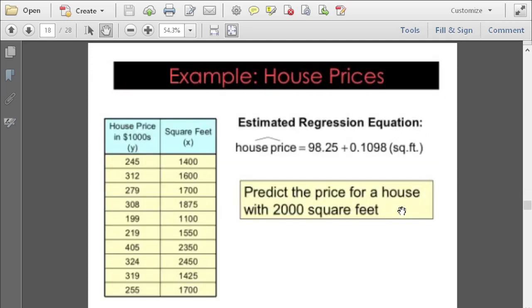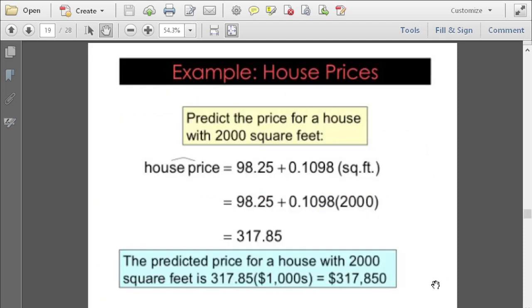And then we have here another example. Not really another example, this is just a continuation. House price. So predict, in here, you're going to predict the estimated house price given that you have this one. Predict the price of the house with 2,000 square feet.